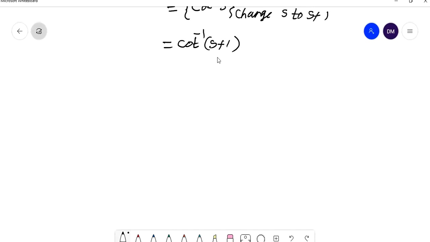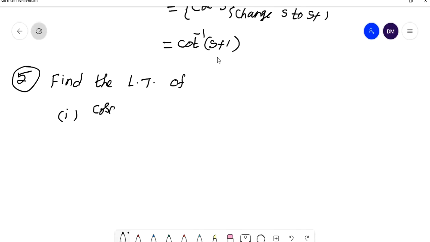Fifth problem: find the Laplace transform of the first one, cos at minus cos bt by t.